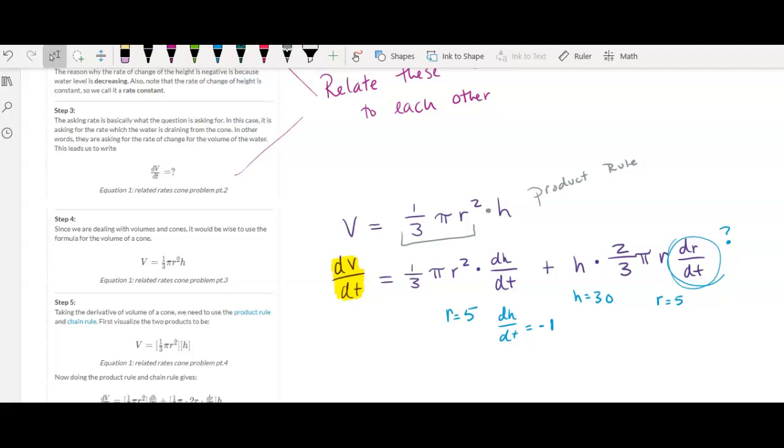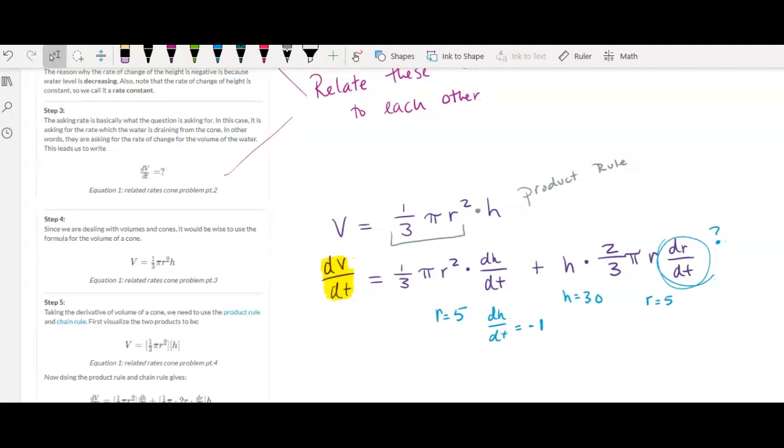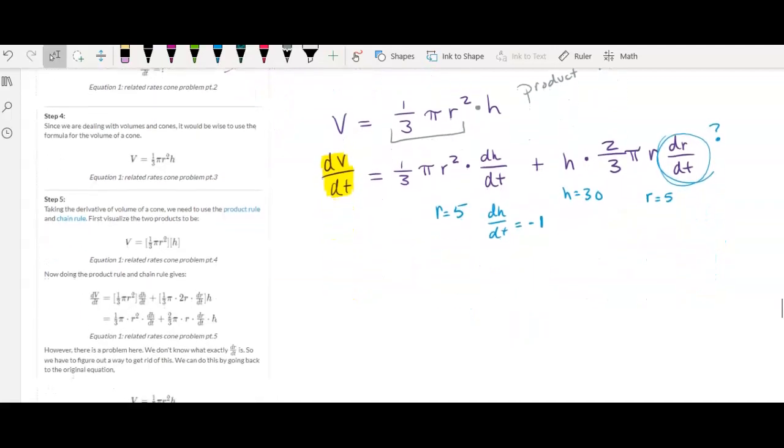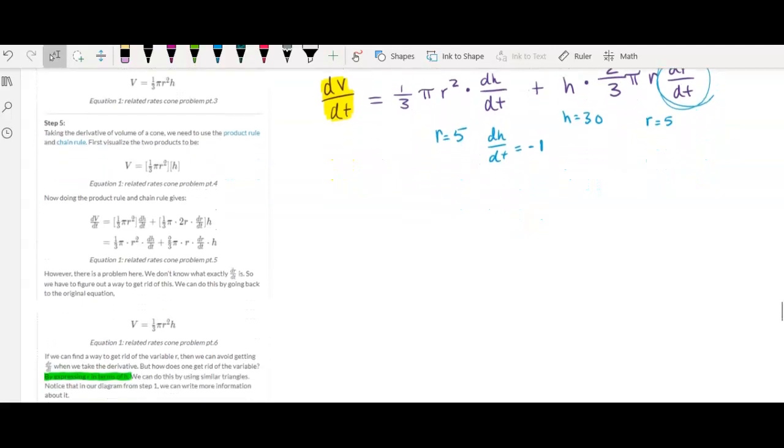Sub in the values we know. So r equals 5, dH/dt equals -1.